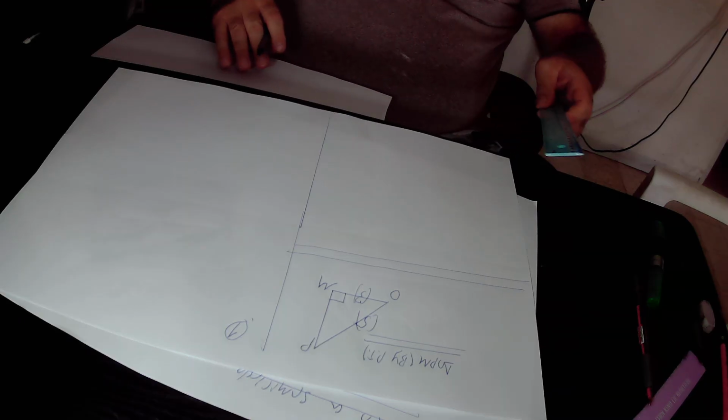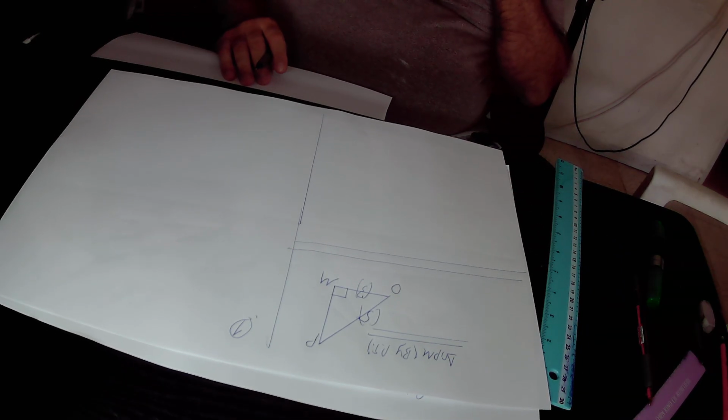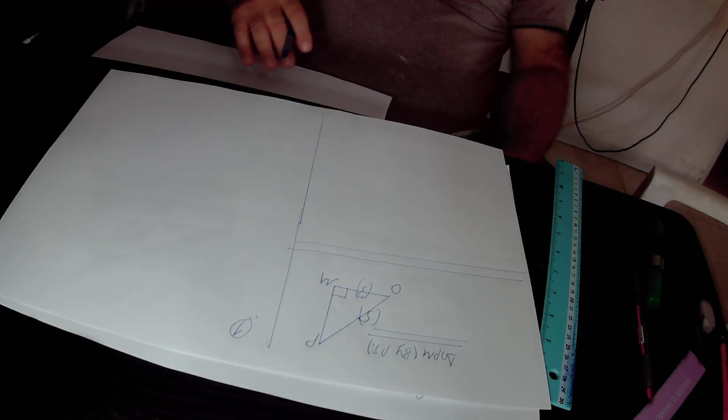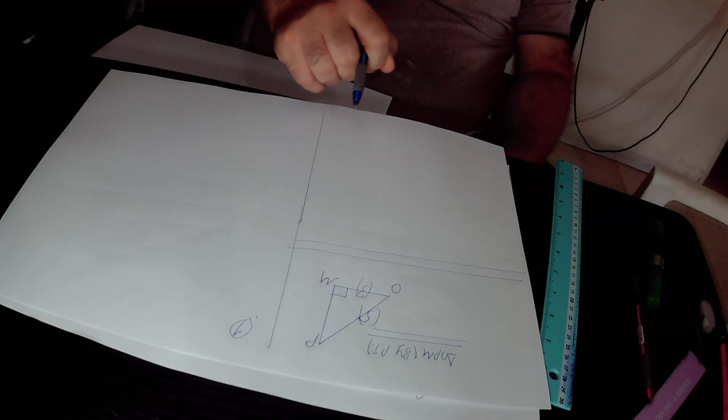So this is the small right triangle OPM according to the original drawing. According to the Pythagoras theorem, in this right triangle OPM, OP squared, that is the square of the hypotenuse, equals PM squared plus OM squared.